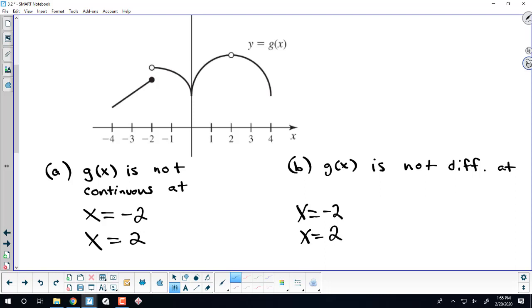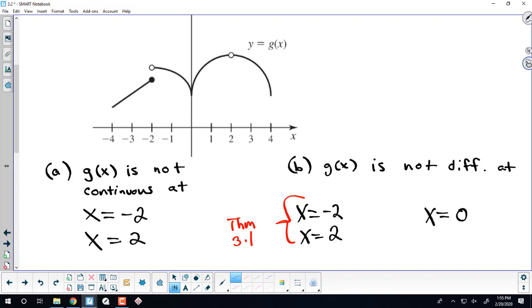But notice those two are freebies from that theorem. The theorem says if your function's not continuous, then it's not differentiable. So we automatically know these two are true because of Theorem 3.1. Theorem 3.1 guarantees that it's not differentiable where it's not continuous. Okay, and the other location was at x equals 0, right?